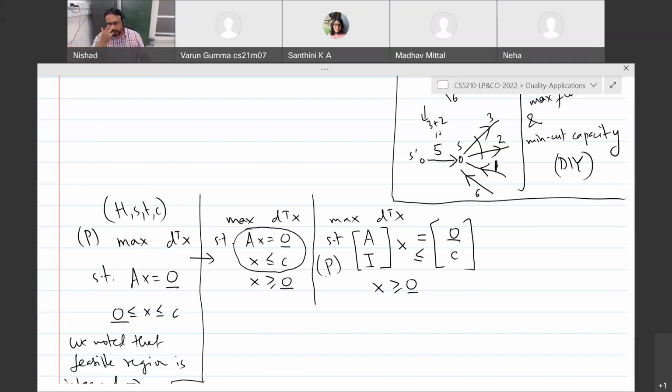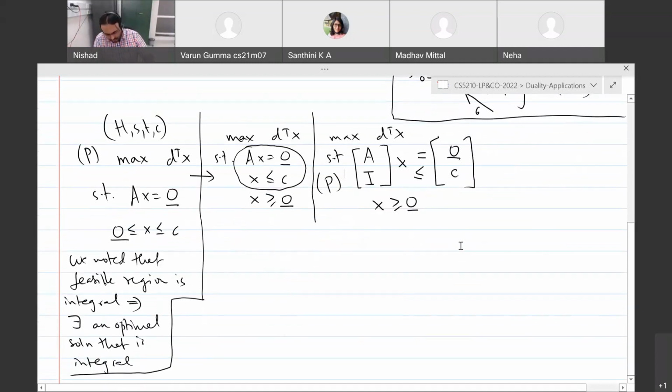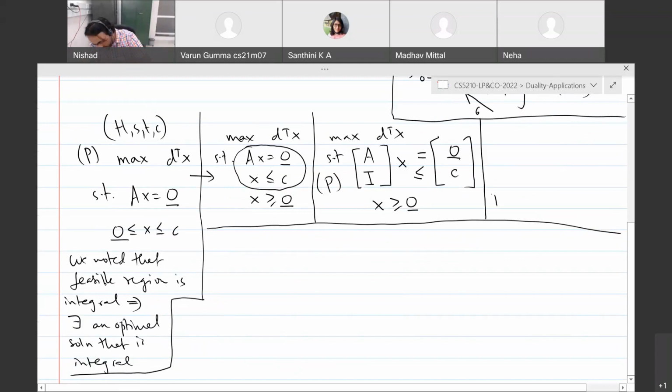So now it's easy to write down the dual. Let's do that. Maybe I will write it here, because I will write the dual multiple times in order to understand what it's trying to say. So we're going to have a minimization problem. Before we write it down, observe that for each equality constraint, we will have dual variables.